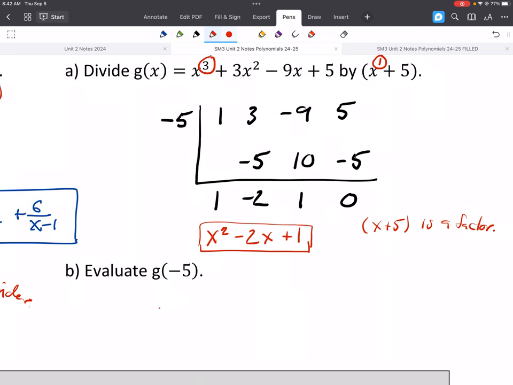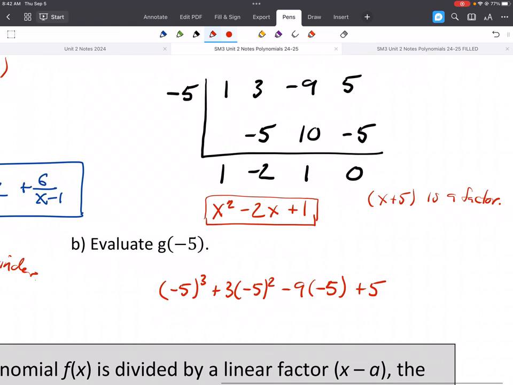We'll have negative 5 cubed plus 3 times negative 5 squared minus 9 times negative 5 plus 5. We could do this on a calculator, or by hand. I think this is negative 125, because a negative 5 times negative 5 times a negative 5 gives us a negative, three negatives. Then this would be 75, and then plus 45 plus 5.